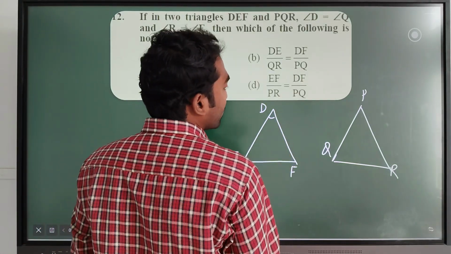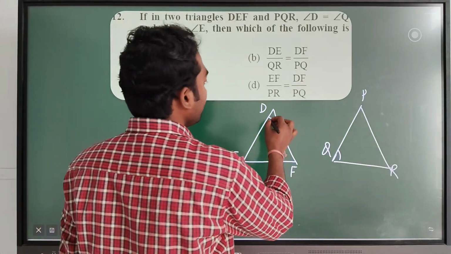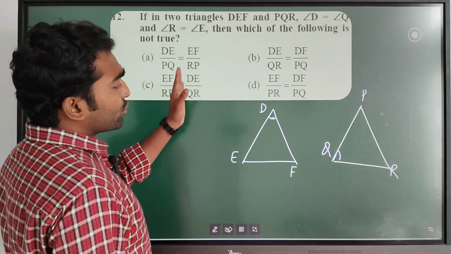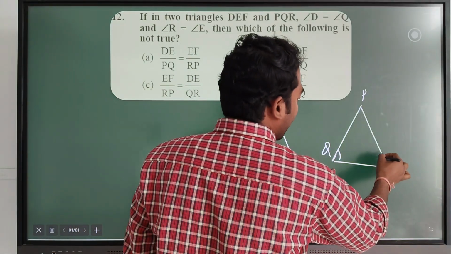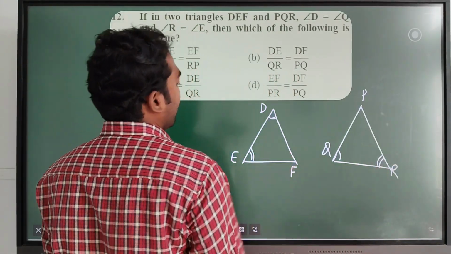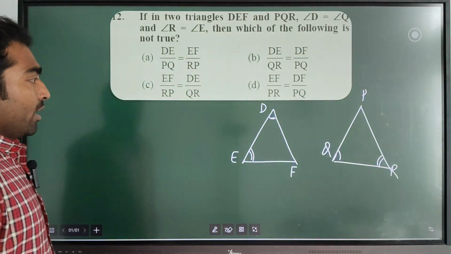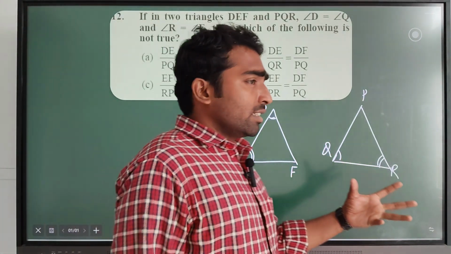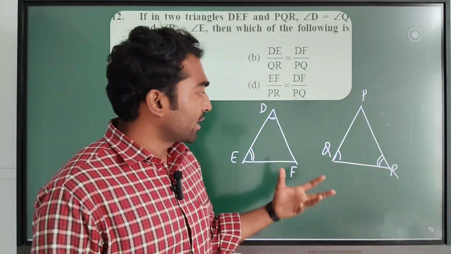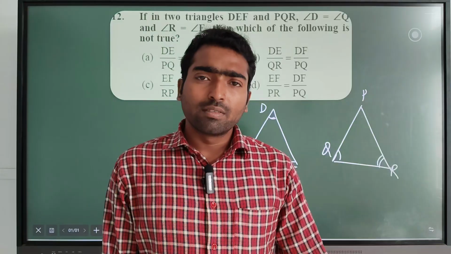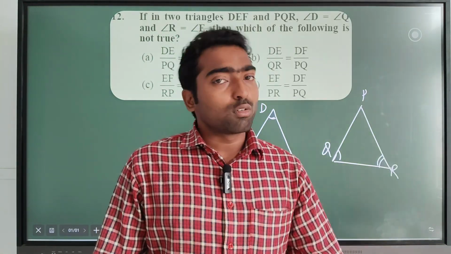Angle D is equal to angle Q, and angle R is equal to angle E, and the last angle F is equal to angle P. So if all the angles of two triangles are equal, then both the triangles are similar, which means that the corresponding ratios of the sides are equal.